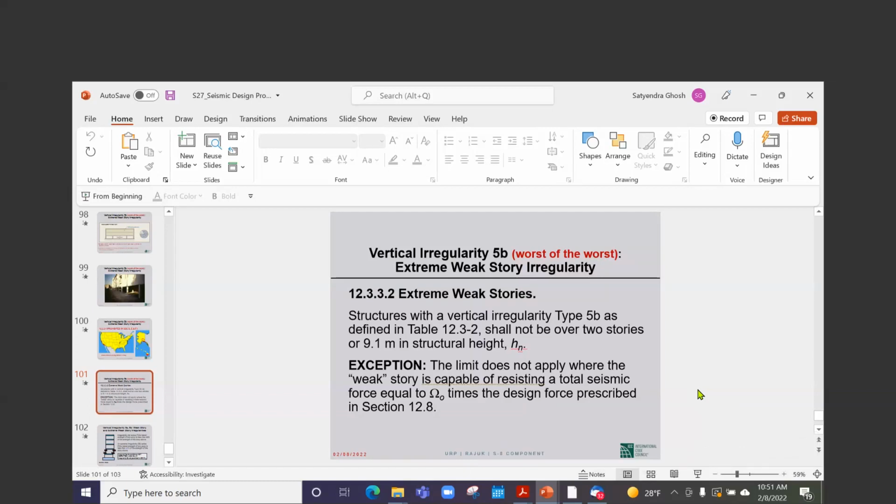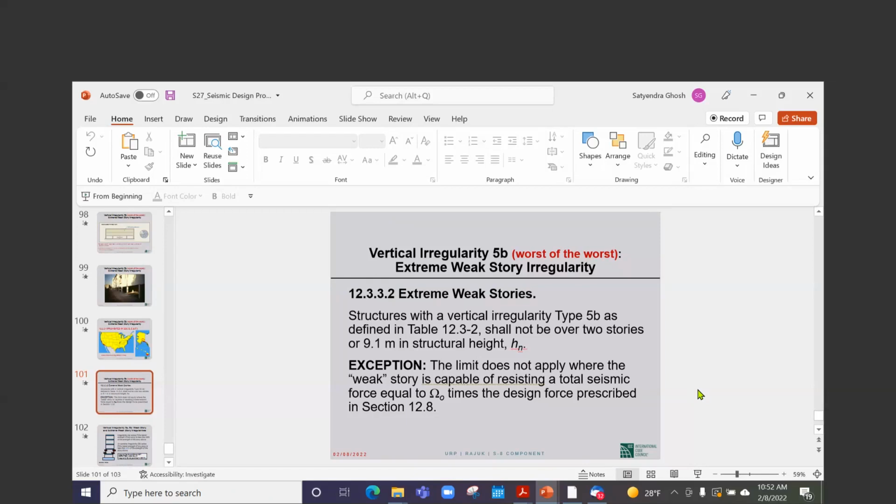The transfer girder that receives the load of the discontinued element must be designed for the overstrength load combinations. But the entire load path that takes the amplified forces down to the ground also has to be designed using the load combinations using the overstrength factors.